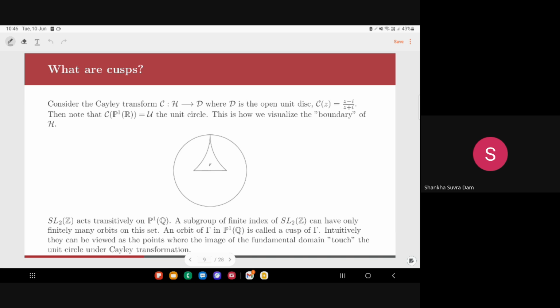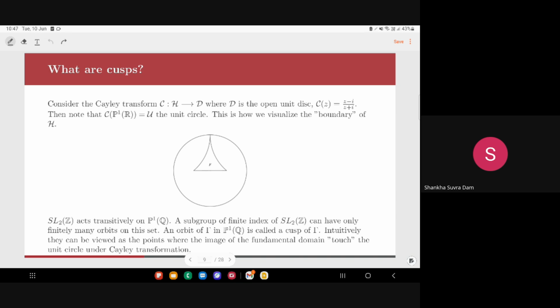You can intuitively see that a point in the upper half plane is closer to i than it is to minus i. And so this kind of gives a feel to the map, I would say.